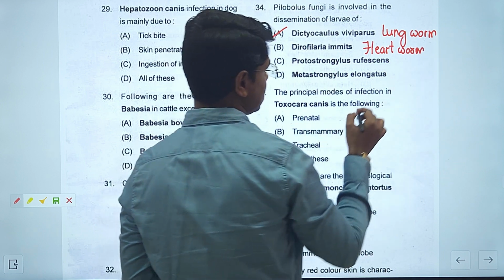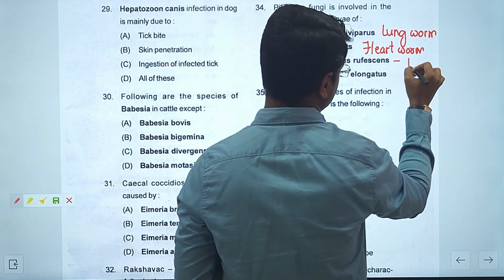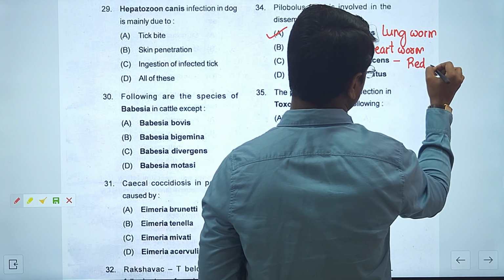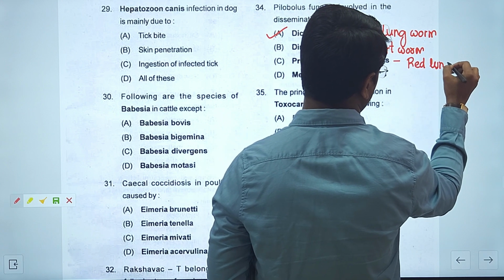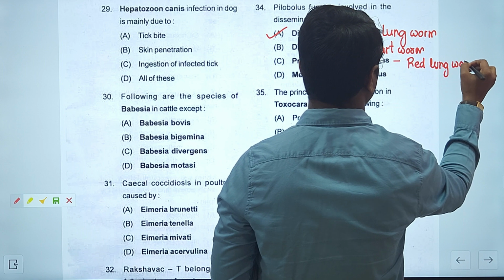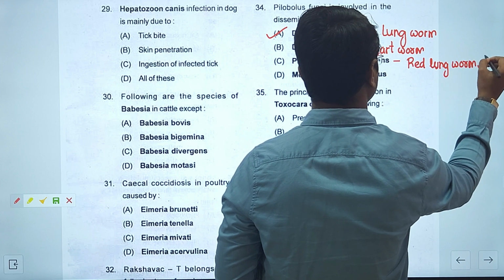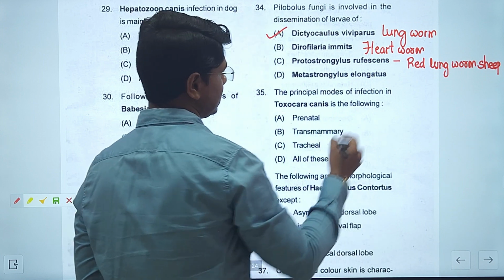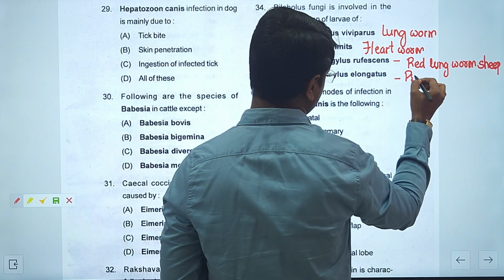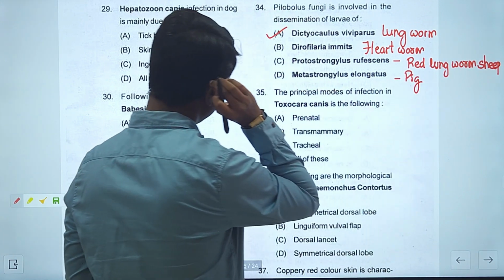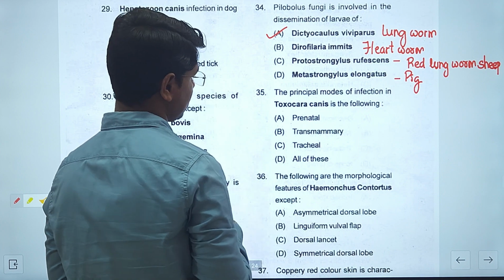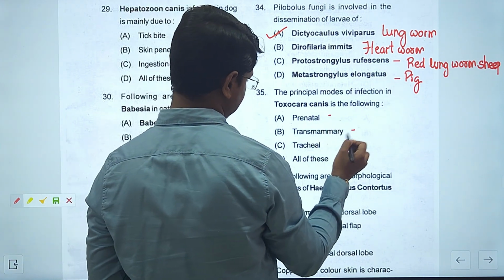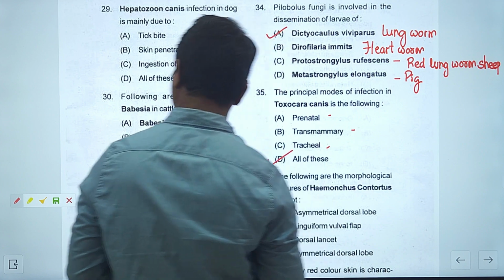Protostrongylus rufescens is basically the red lungworm of sheep. Metastrongylus elongatus is found in pig. The principal modes of infection in Toxocara canis are prenatal, transmammary, and transcolostral, all of this.